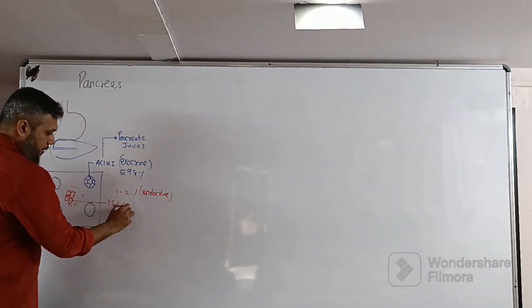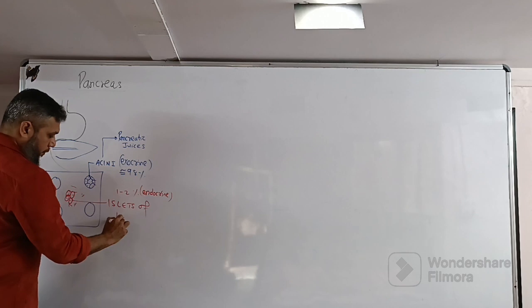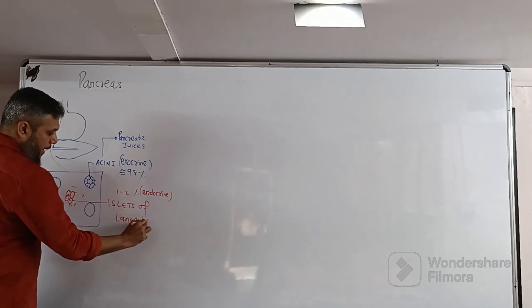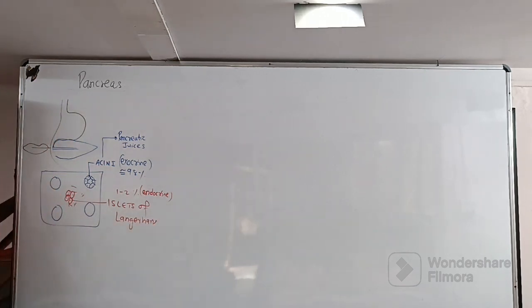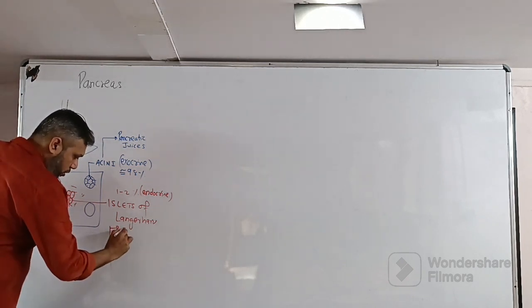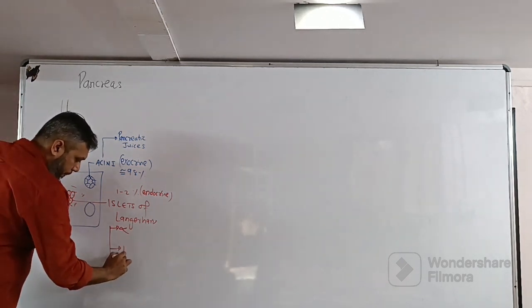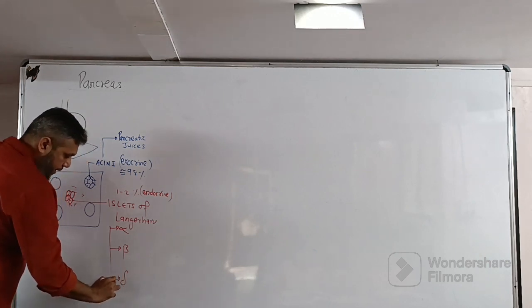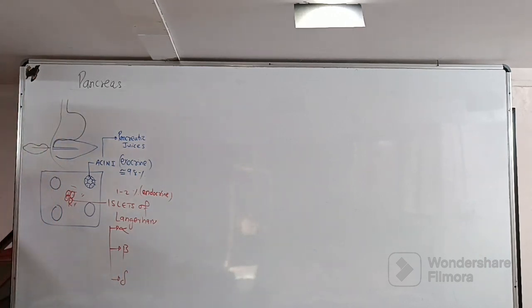They are called islets of Langerhans. Islets means like islands. You know what an island is, right? And they show the presence of which type of cells? Alpha cells, beta cells, and delta cells.